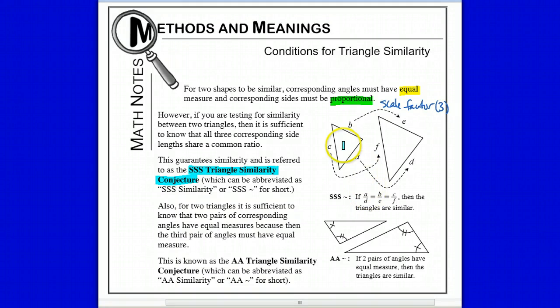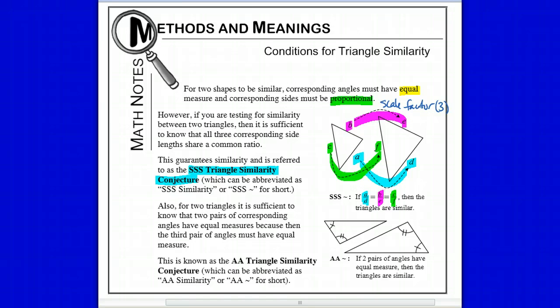If A and D are corresponding, as the arrow is drawn, these two sides correspond. If I put those two in a fraction and ratio, and that ratio reduces to the same thing. Let's put C and F. That C and F corresponding sides reduces to the same thing as B and E corresponding sides, if I get the same fraction. That's the only investigation that I do for the two triangles.